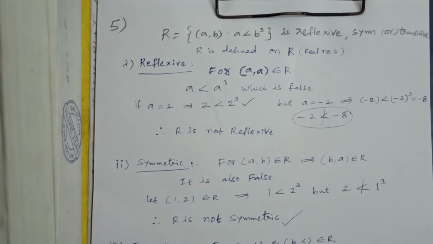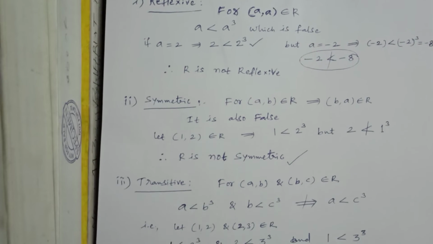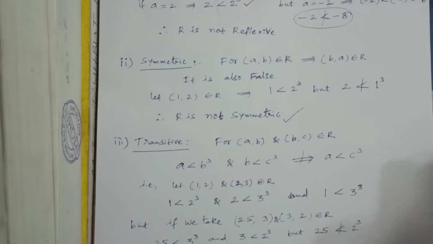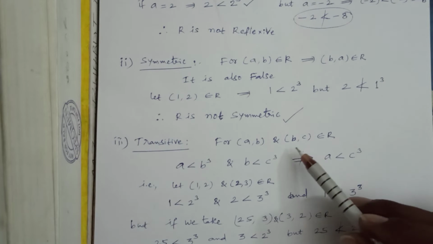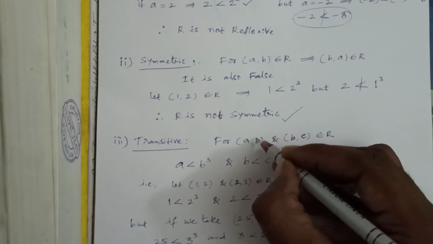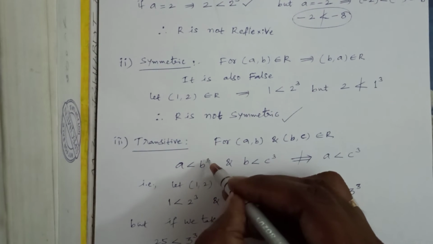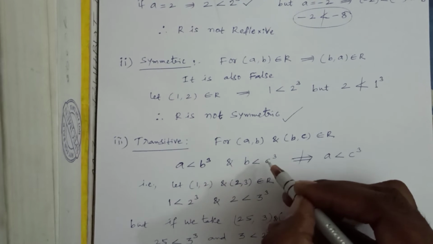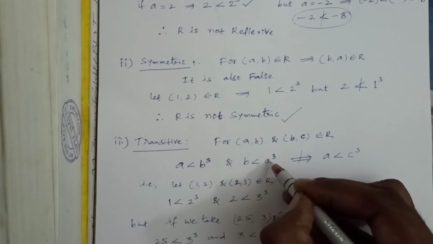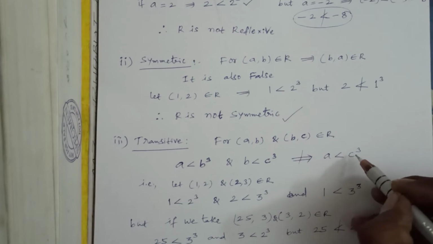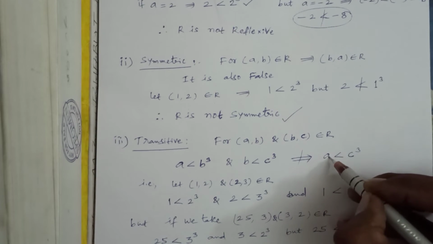Clear? So let us go for transitive. For (a, b) belongs to R and (b, c) belongs to R, we should take any two connected ordered pairs first. So a less than b cube and b less than c cube. Then we have to check whether a less than c cube or not.